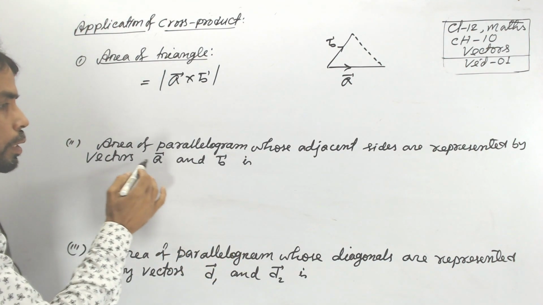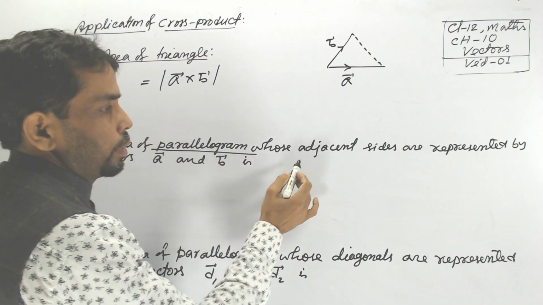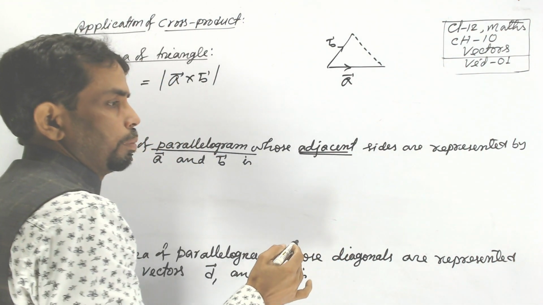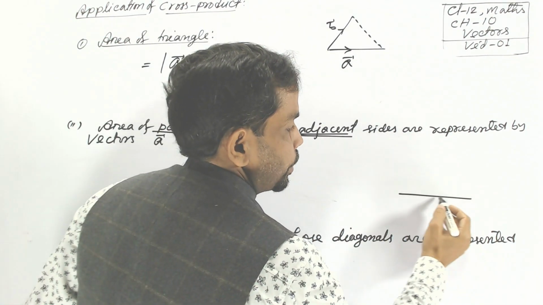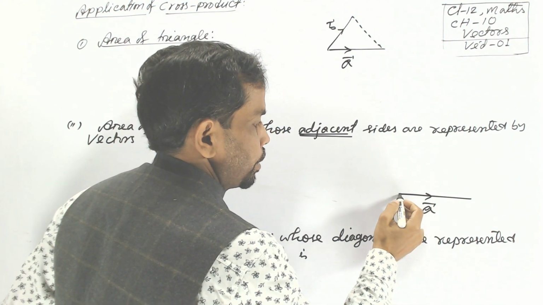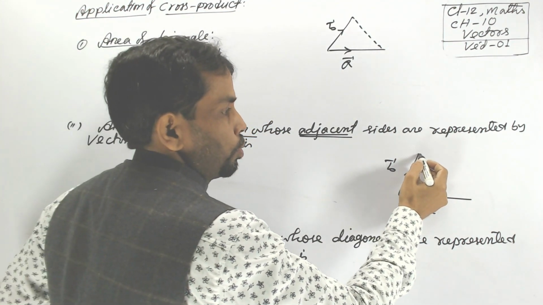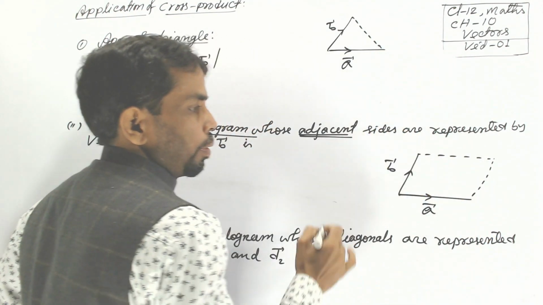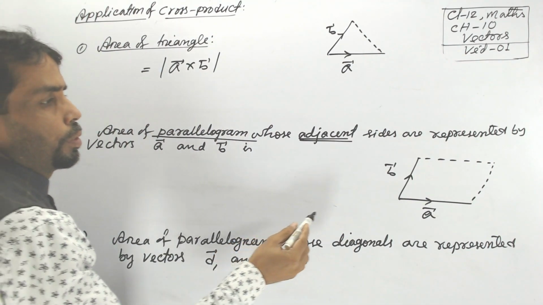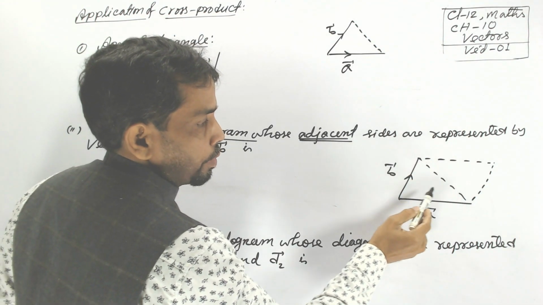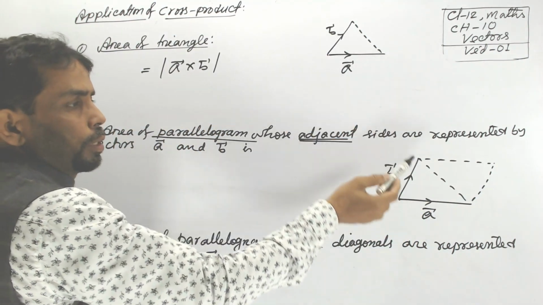And then the area of a parallelogram. If two adjacent sides of a parallelogram, this is vector A, this is another vector B, starting from the same point, with these two vectors we can make a parallelogram. Then for the area of the parallelogram, you see in this parallelogram we have two triangles, if we draw the diagonal.